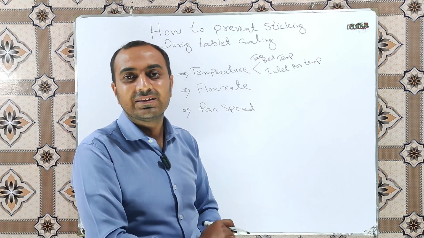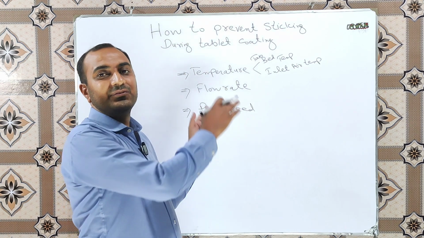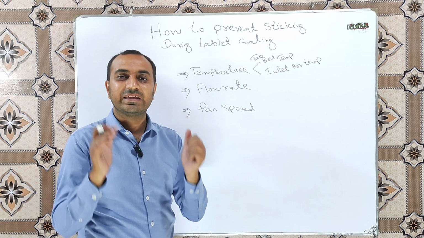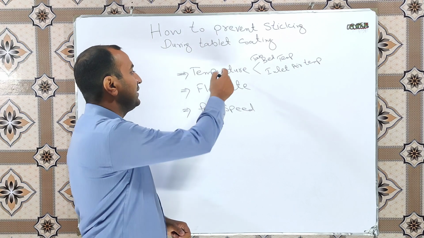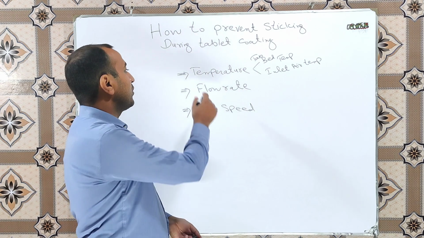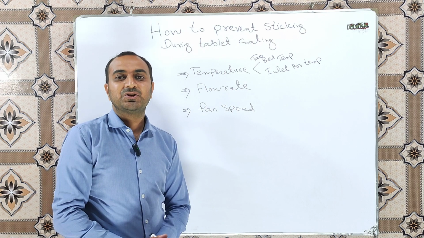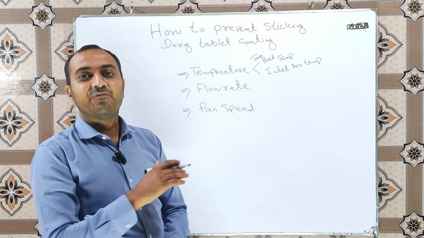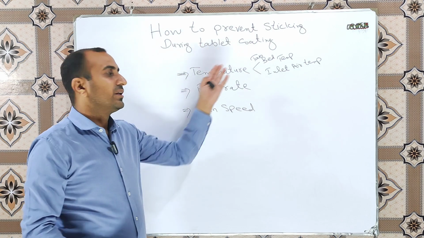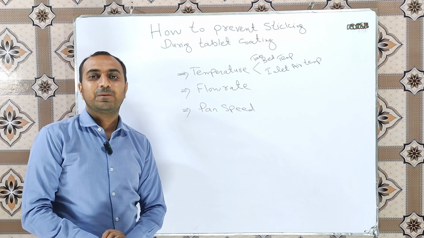So how to prevent the tablet sticking? By synchronizing these 3 parameters. How will we create a sync between these 3 factors? Whenever your tablet bed temperature is decreased, your first attempt must be to increase the tablet bed temperature.